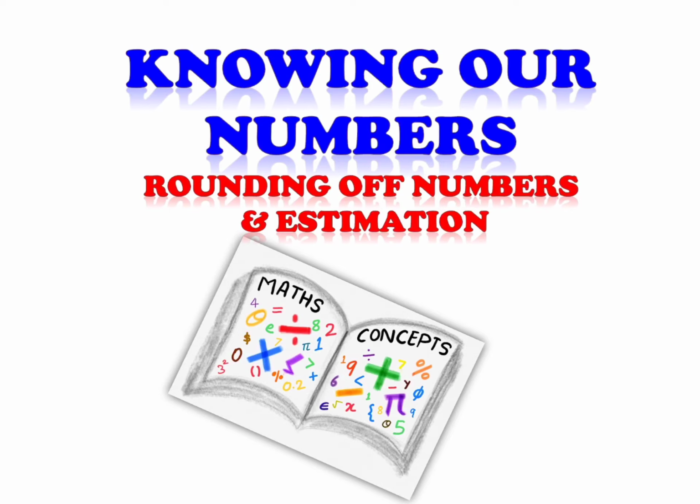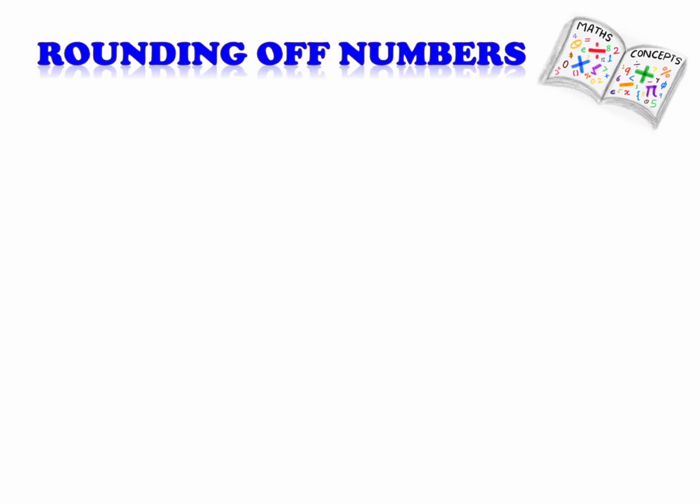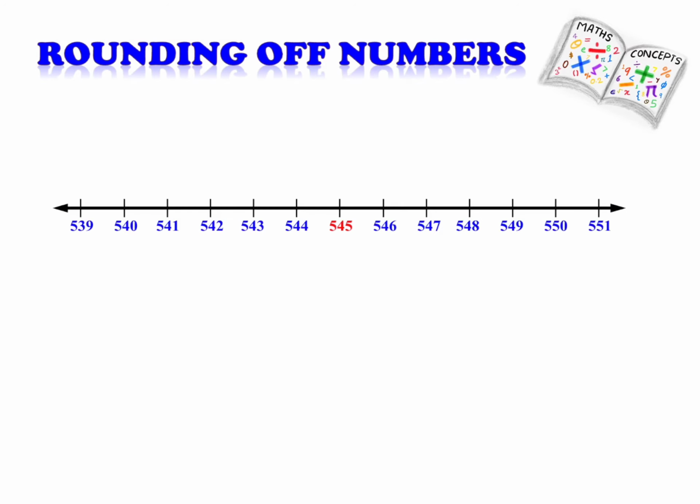Let's first learn rounding off to nearest tens. Here I have shown a random part of the number line which has numbers from 539 to 551. Let's consider that we want to round off the number 543.